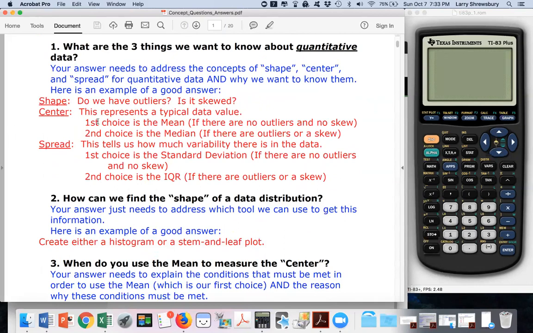Your first choice is mean, second choice is median. But you only get to use your first choice if there's no skew or outliers. Otherwise, it's the median. And spread. Your first choice is standard deviation, but you don't get to use it if there's outliers or skew, because it gets distorted by those. Then you have to use your second choice, interquartile range, or IQR, and so forth.